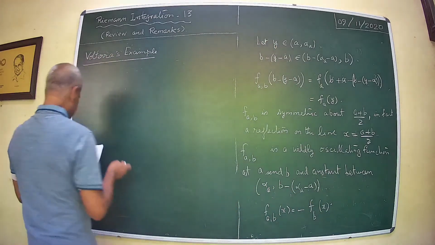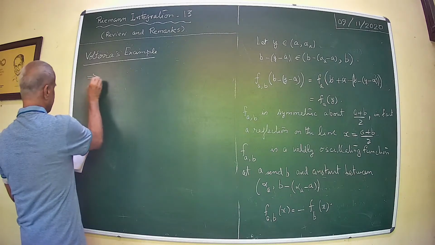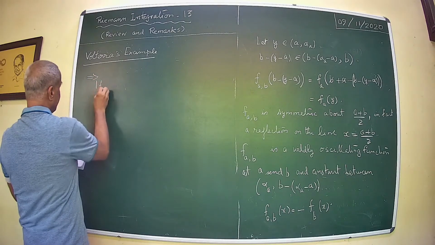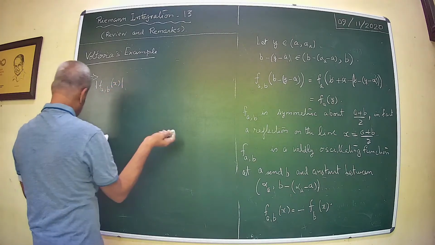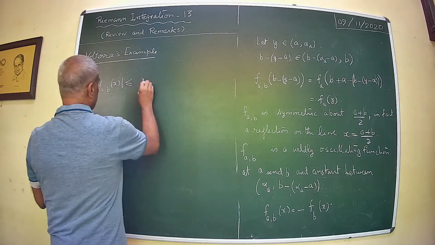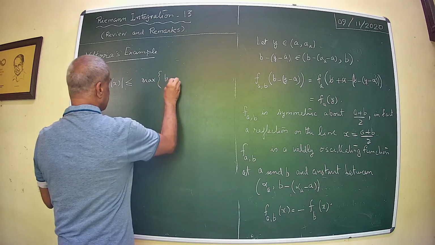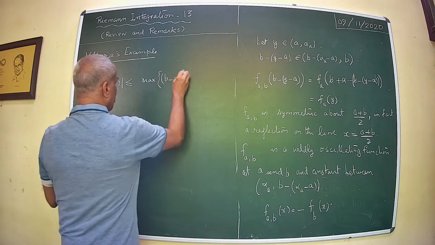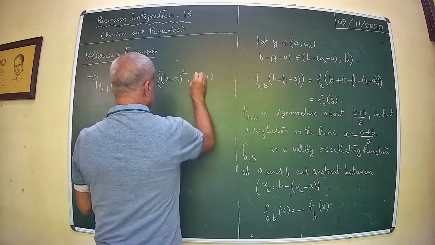So you can easily see that this implies |f_ab| on the interval [a,b] is less than or equal to the maximum of (b minus x) whole square and (a minus x) whole square.